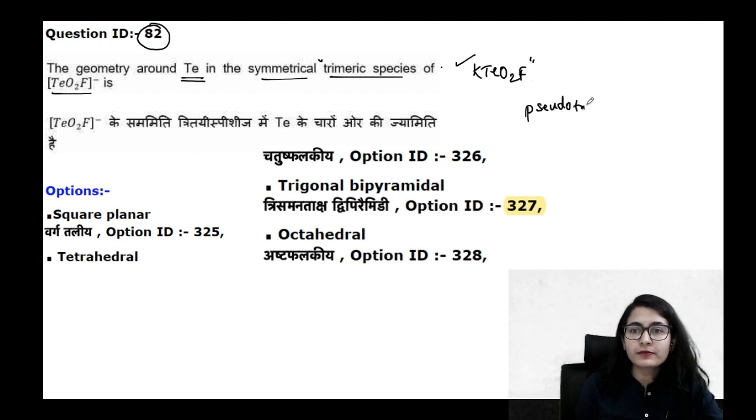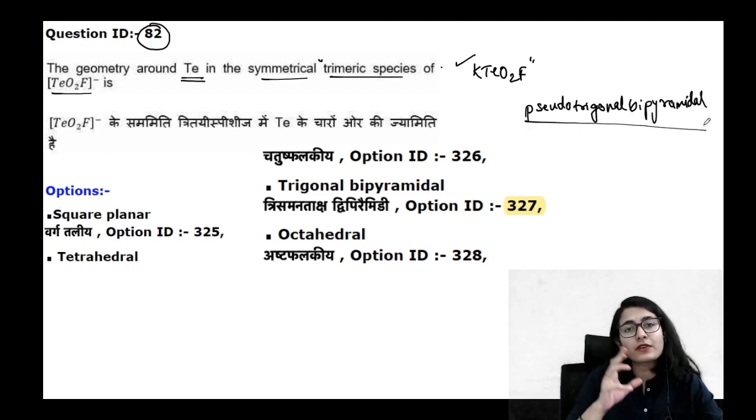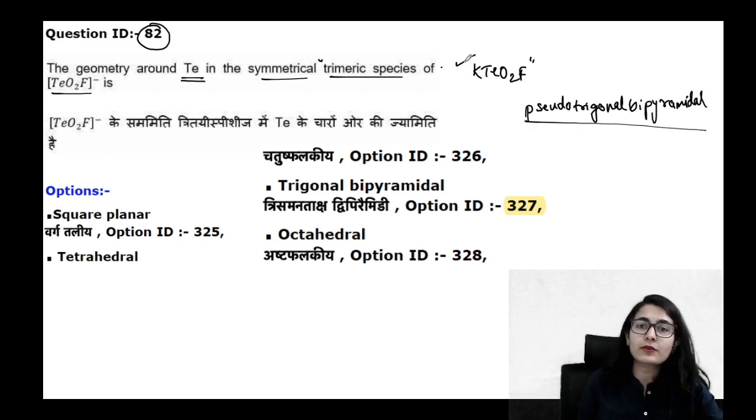Okay, so in that research paper on the trimeric species of this molecule, you will see it is pseudo trigonal bipyramidal. I'm not giving you any particular reference for anything because there are so many questions for which we have to give references. You are just going to search it by yourself. It is not too difficult. Just visit scholar.google.com and you can directly search this over there. So the correct answer is trigonal bipyramidal and not tetrahedral or octahedral.